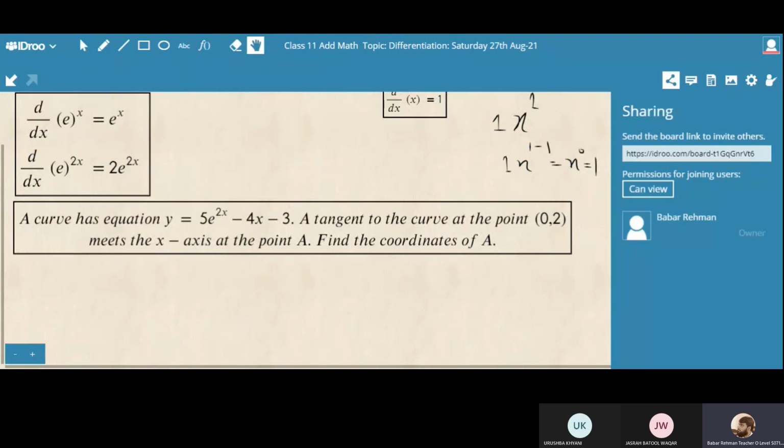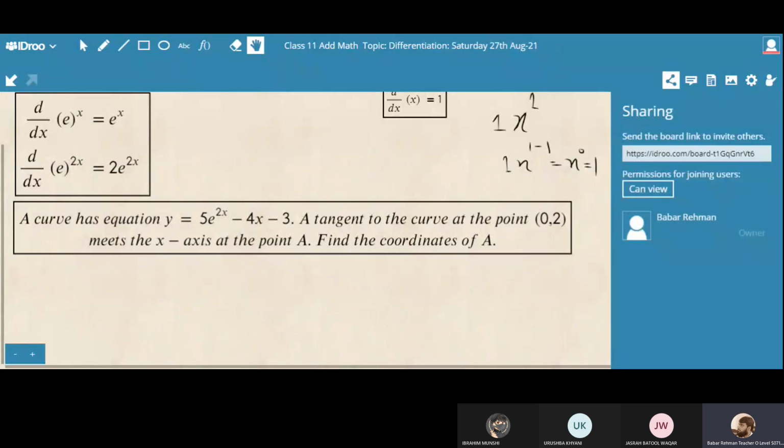Anyone? Sir, first we'll take the derivative.